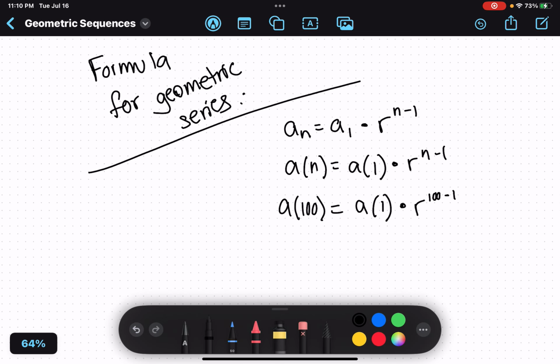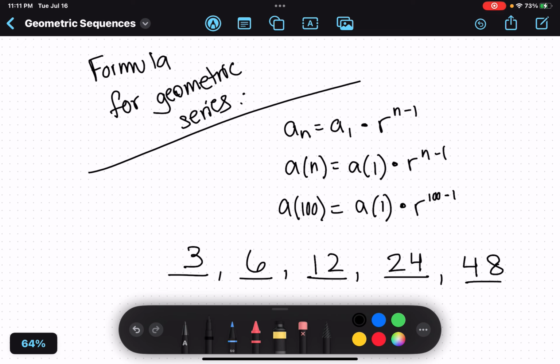let's say we have 5 numbers here. As you can see here, we're multiplying by 2 each time. We're doubling. Now, we found the fifth term, right?